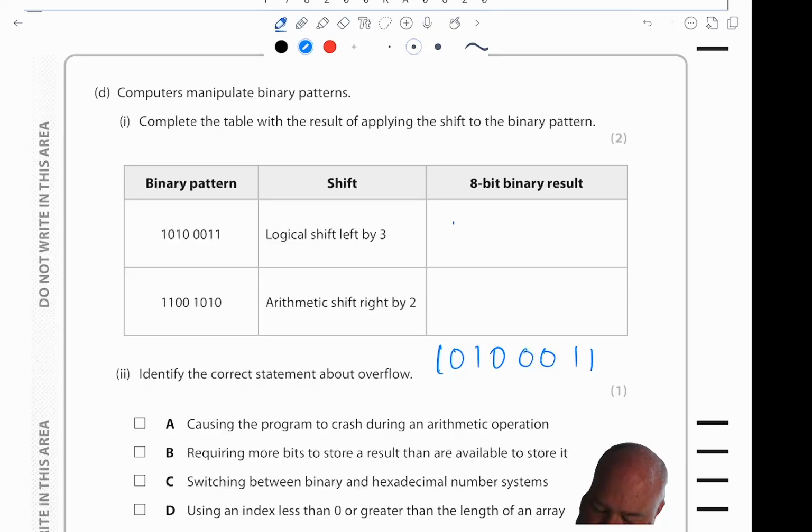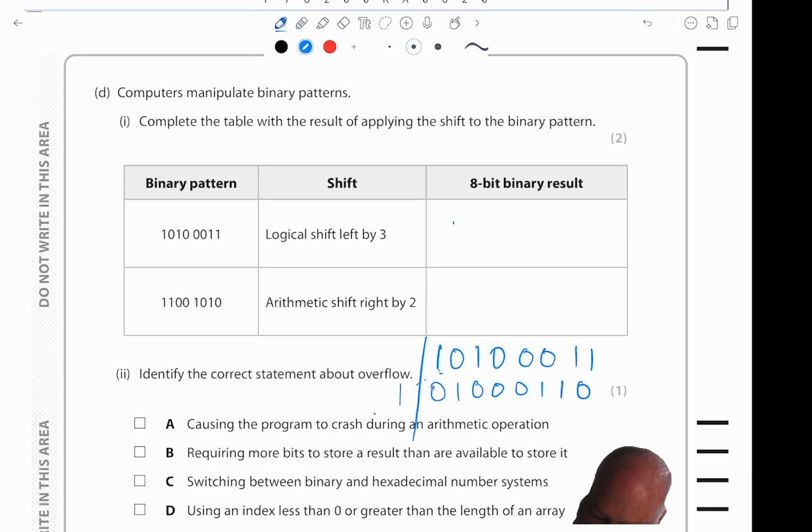So if we move everything over by 1, we fill the gaps with zeros.